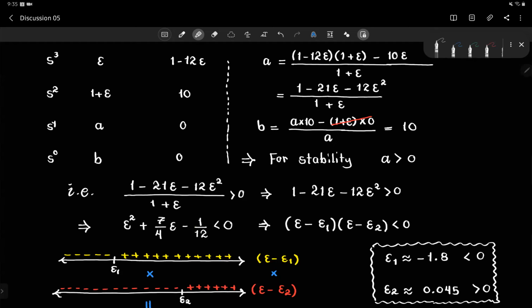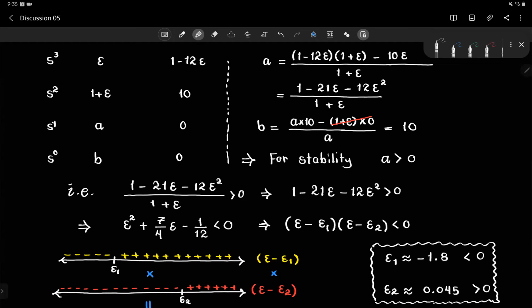We can factor it into two factors, epsilon minus epsilon1 and epsilon minus epsilon2, where epsilon1 and epsilon2 can be found by the quadratic formula, because we have 7 over 4 and 1 over 12, right? And so we can compute that epsilon1 is approximately negative 1.8, and epsilon2 is equal to 0.045.